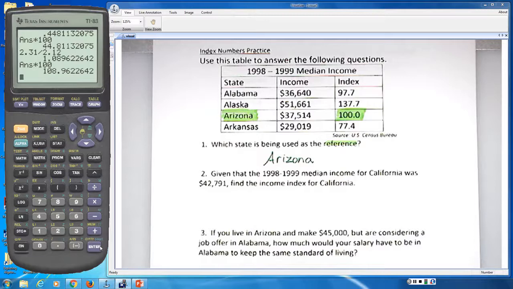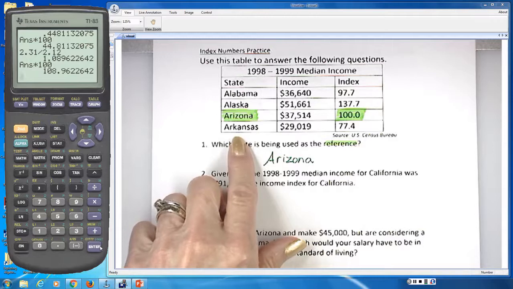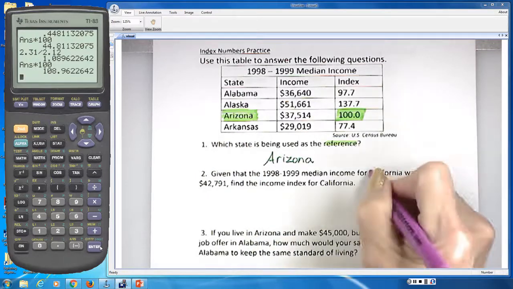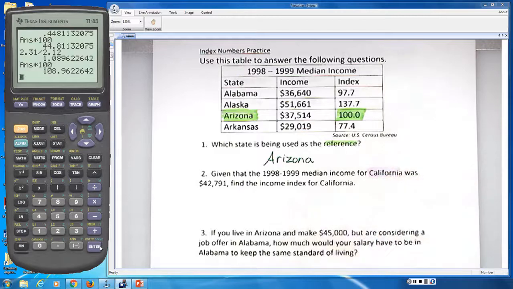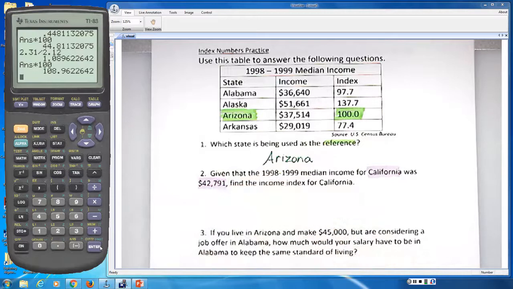So in the second spot, given the 1998-99 median income for California, is California in the table? No. So for California it was $42,791. Find the median income index for California.